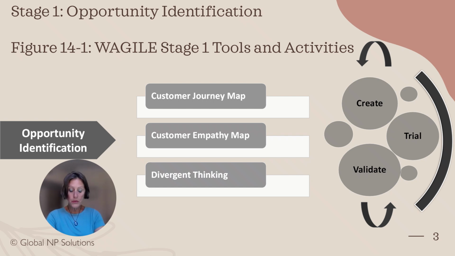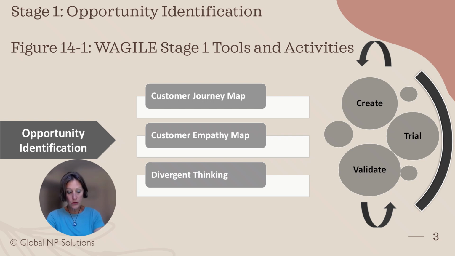The primary purpose of Stage 1 in WAGILE is to identify potential opportunities for new product development, understanding pain points that end users face with existing products or lack thereof, as well as testing potential concepts early in a new product development project leads to greater levels of success later.